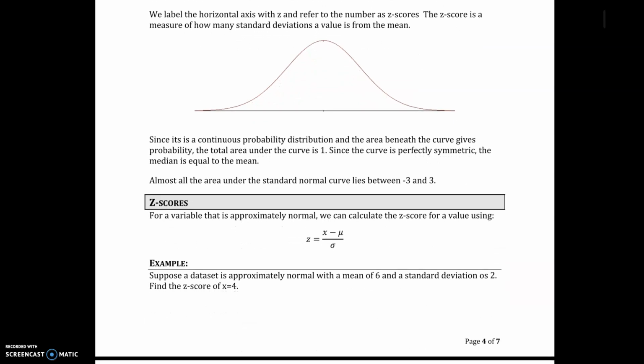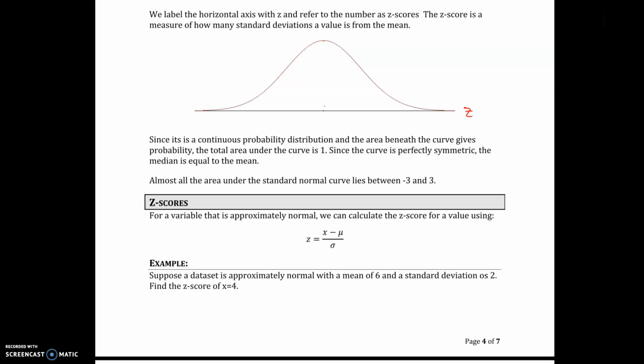And because this is so prevalent, what we see is for any curve that's normally distributed, we can talk about the standard normal distribution where the horizontal axis is labeled with Z. We call those Z scores, and we're going to talk more about those in the next module. And Z scores are simply a measure of how many standard deviations a value is from the mean.